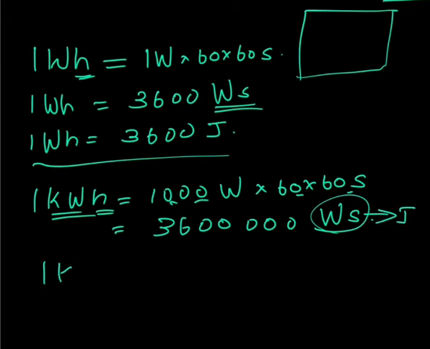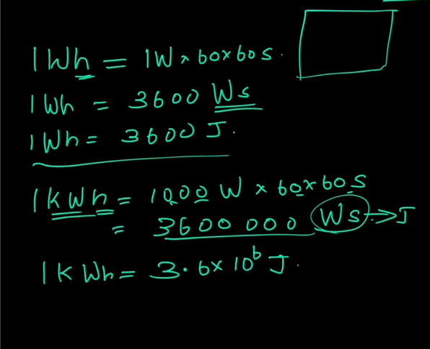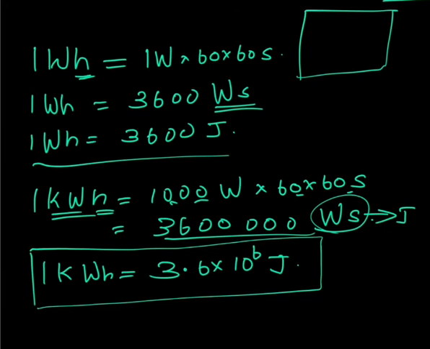So you got 1 kilowatt hour is equal to 3.6 multiplied by 10 raised to 6 joule. So this is the relationship between kilowatt hour and SI unit joule. So we can convert commercial unit to SI unit as well as SI unit to commercial unit using this relationship.